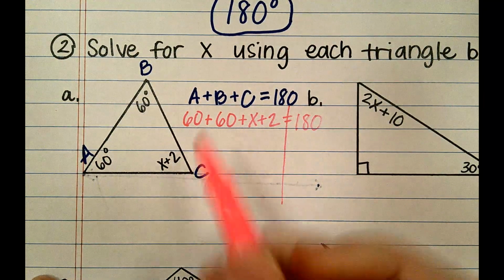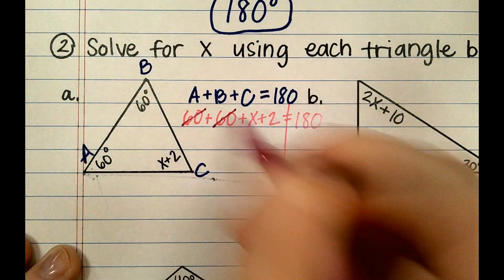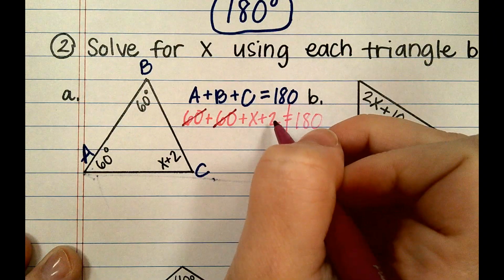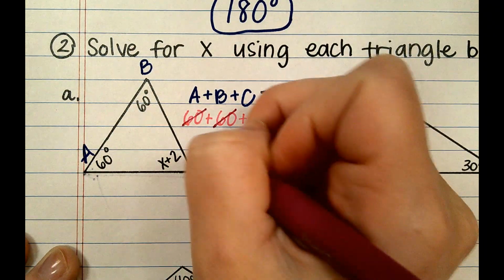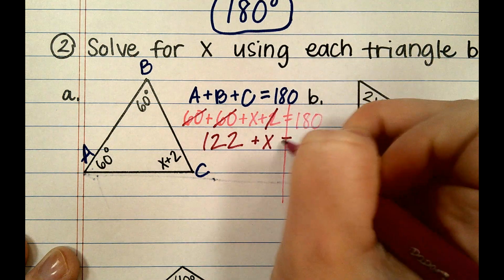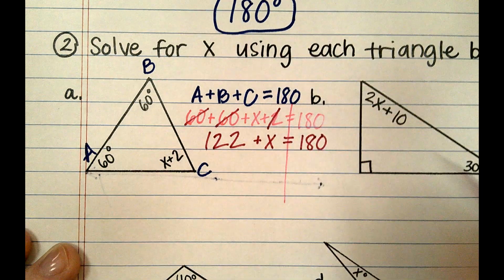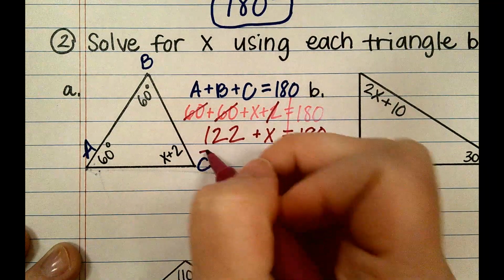So we'll combine our like terms. 60 and 60 makes 120. Oh, and there's a 2. I missed that. 60, 60, and 2. So 122. Plus x equals 180.